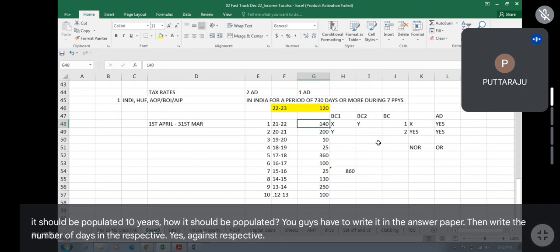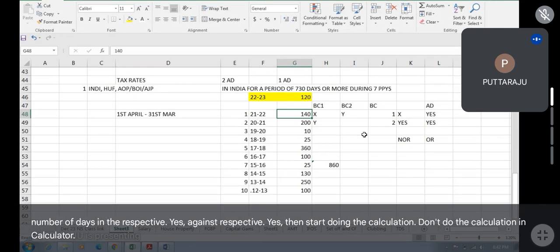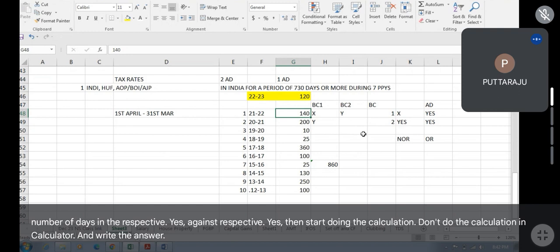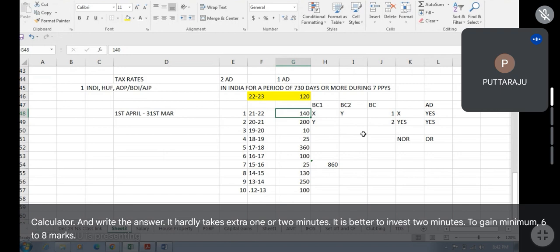Then start doing the calculation. Don't do the calculation in the calculator and write only the answer. It hardly takes an extra 1 or 2 minutes. It is better to invest 2 minutes to gain a minimum of 6 to 8 marks. Understood?